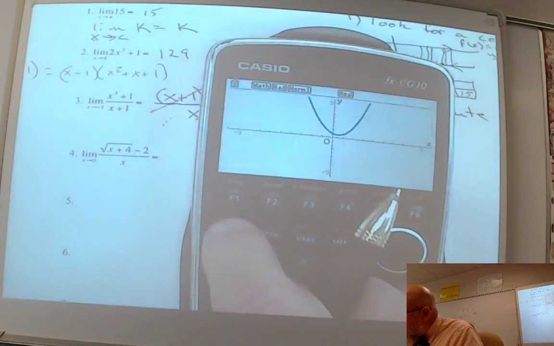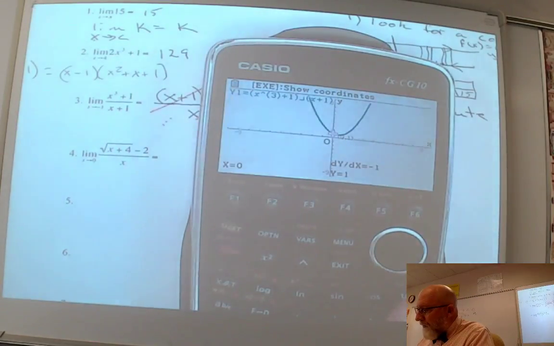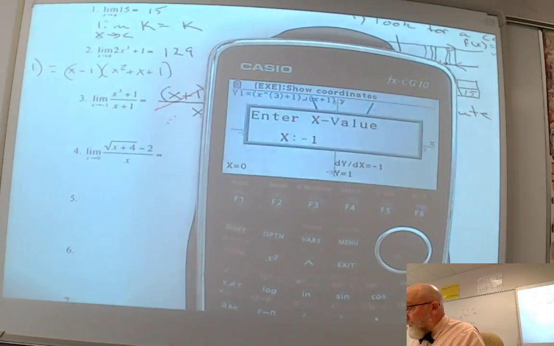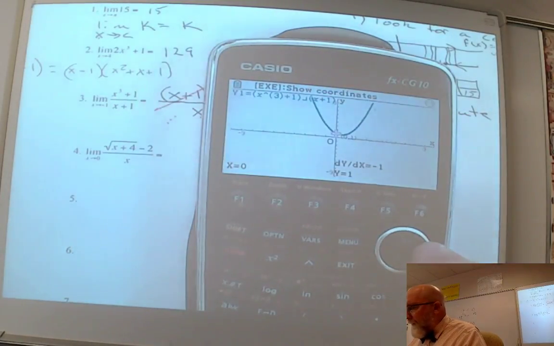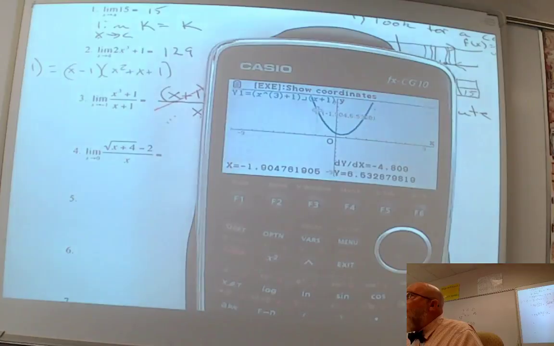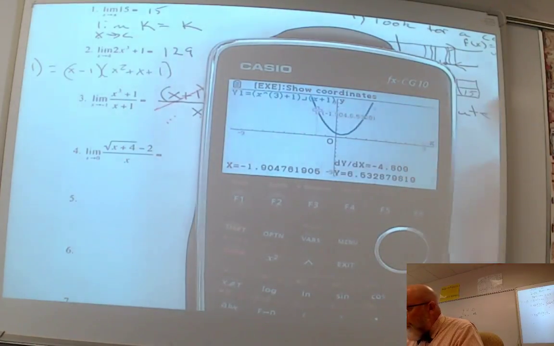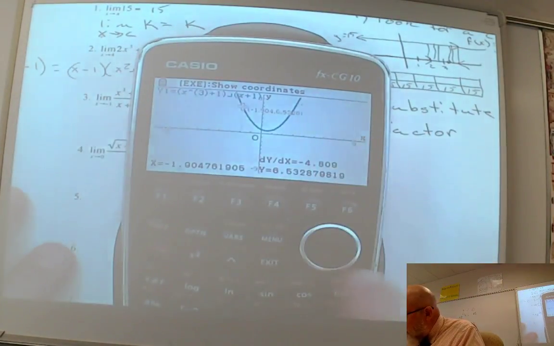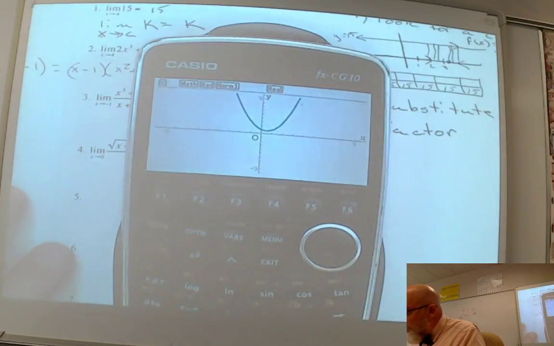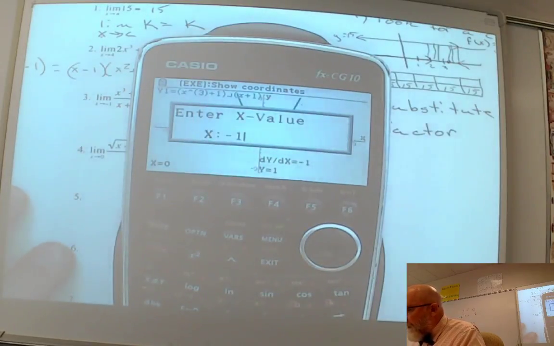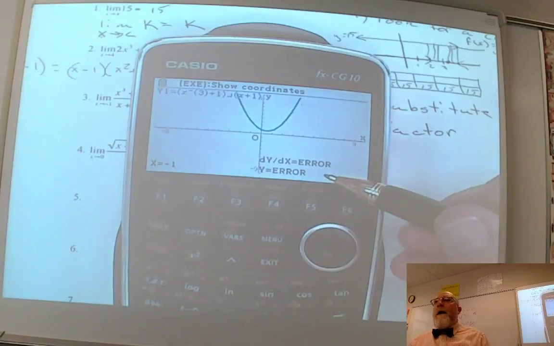Now, I'm going to go shift trace, and I'm going to put in a -1. Let me back up, exit. Look at that thing. Doesn't it look beautiful? And on a quiz, you'll draw that picture, because I'll ask you to draw this function. But if I go shift trace and I put a -1 in here, let me type in a -1. Look, I get error.